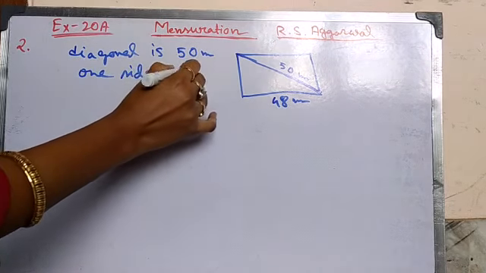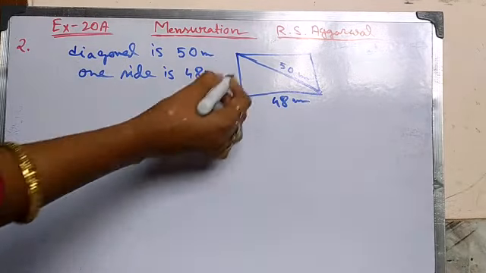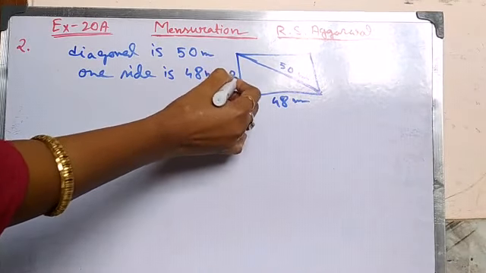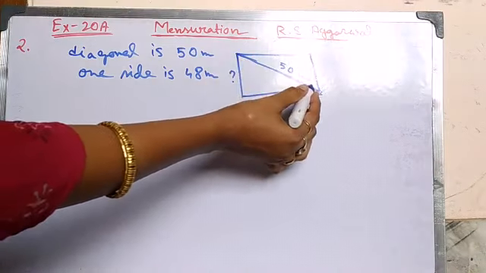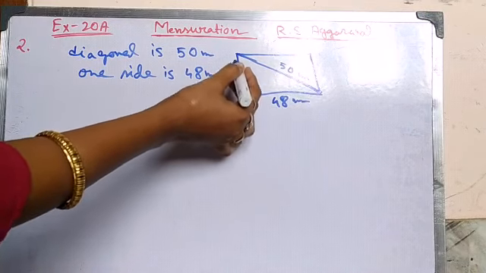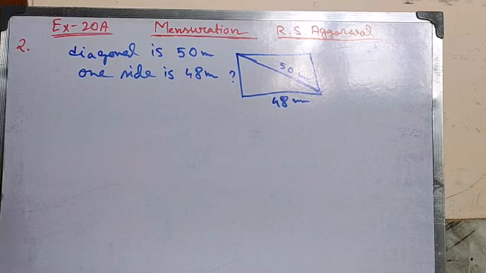One side is 48 meter. To find the area we need this one other side. So how to get this side? By Pythagoras theorem, because suppose this is the hypotenuse and this is the base. So how to find the height? That is by Pythagoras theorem.